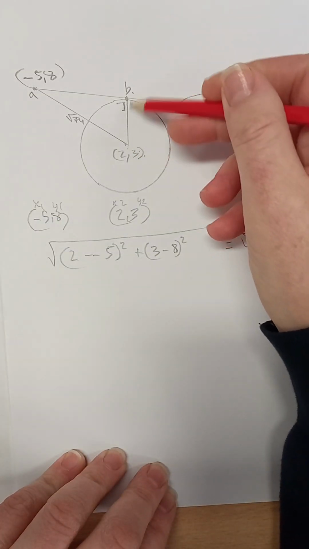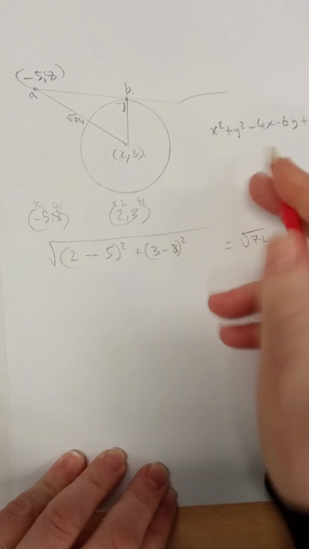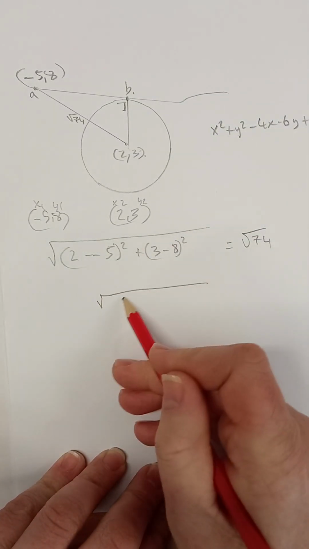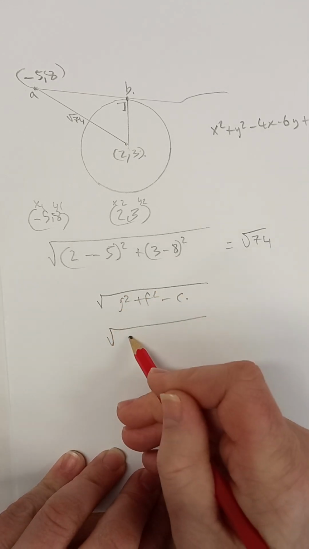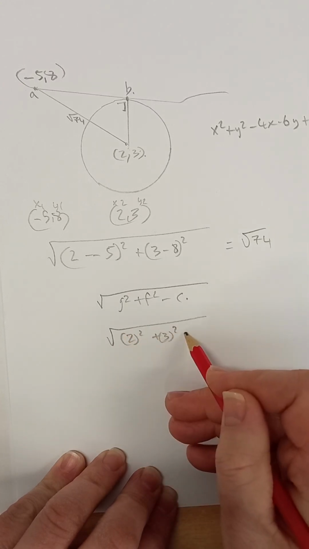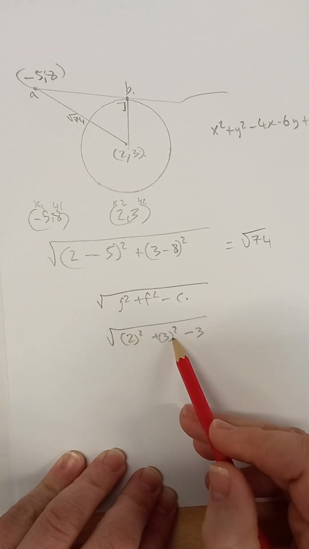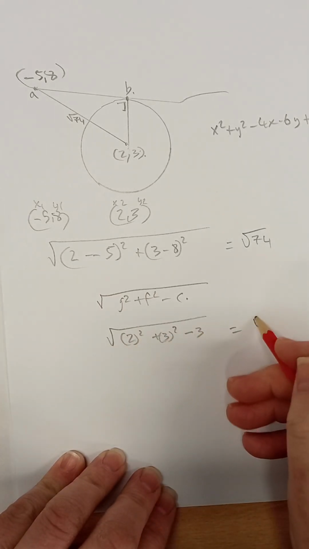Let's find the length of this one here. It's the radius of the circle. The radius of the circle, when you've got it in this form, is the square root of g squared plus f squared minus c. So that's the square root of 2 squared plus 3 squared minus 3. So that's 4 plus 9 is 13, minus 3 is root 10.